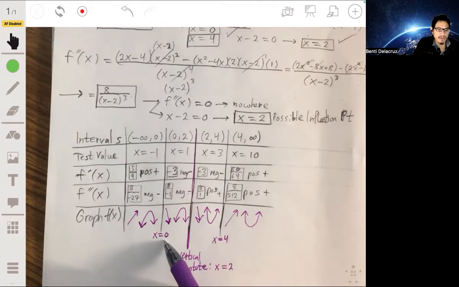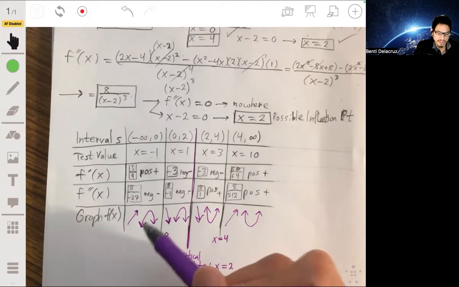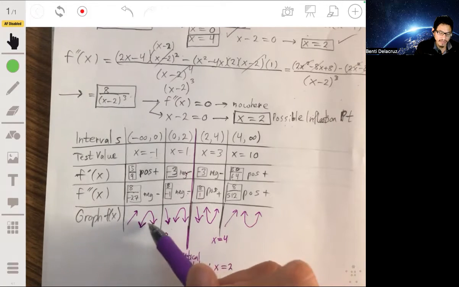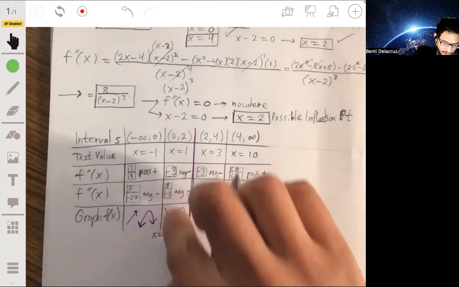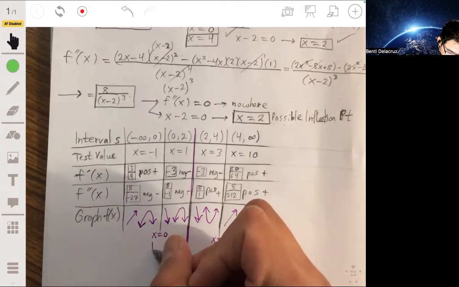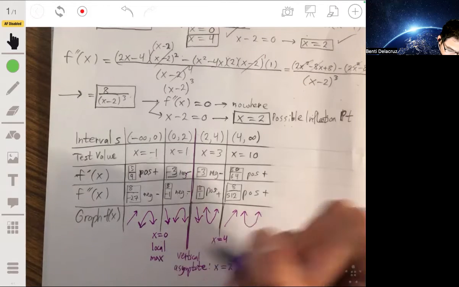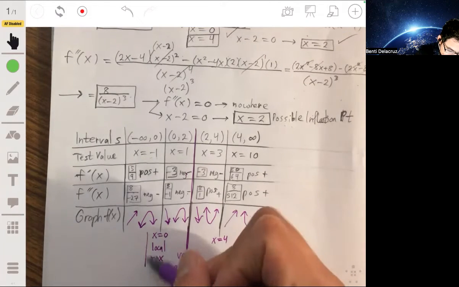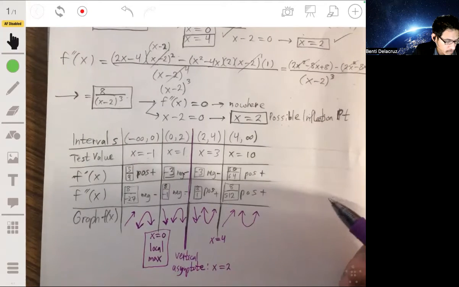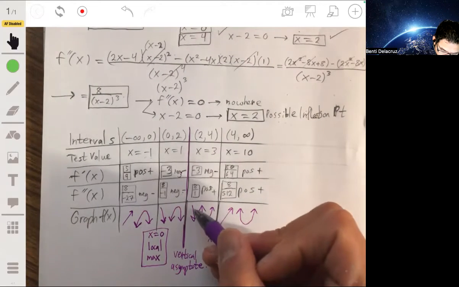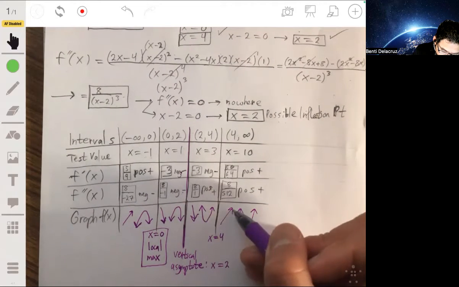At x equals 0, the graph is going up to the left and then going down to the right, and it's concave down on both sides, but it's going up and then going down. So here you're going to have a local max at x equals 0. And if you look at where x equals 4, the graph is going downward to the left and upward to the right.